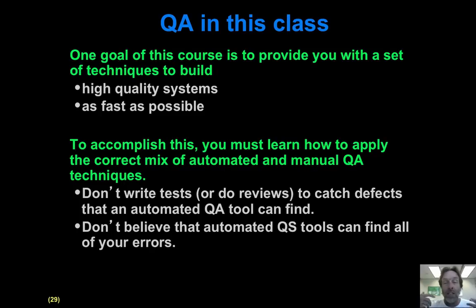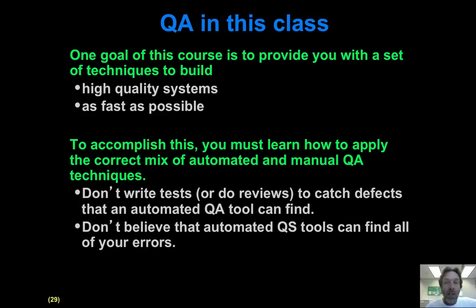Similarly with software development, I'm trying to give you techniques which enable you to write high quality code as fast as you possibly can. And so this combination of automated and manual quality assurance is one of these places where what I'm hoping you'll learn over time is what kinds of errors automated quality assurance tools, CheckStyle, FindBugs, PMD, can detect.